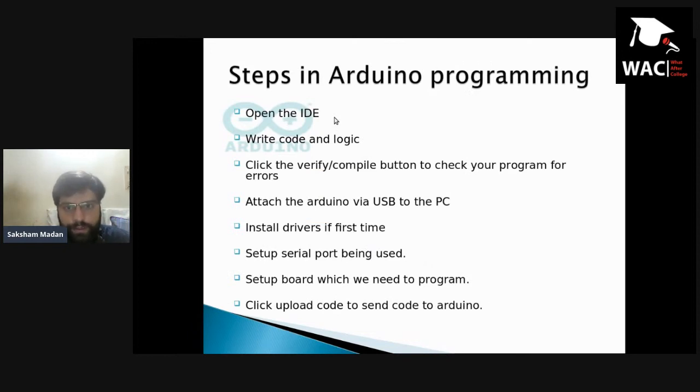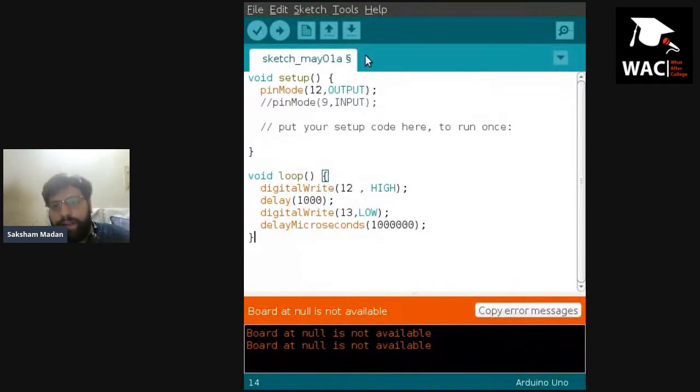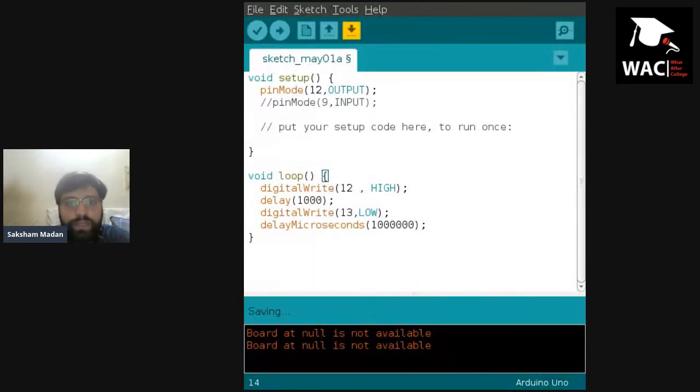I guess you will be needing this. As soon as we open the Arduino programming IDE, we write the code, then we verify it by using this particular button. I'm going to show you this. I guess it's not shared to you. Just wait a second. As soon as we write code at any time, we need to verify it, for which we need to save it first.